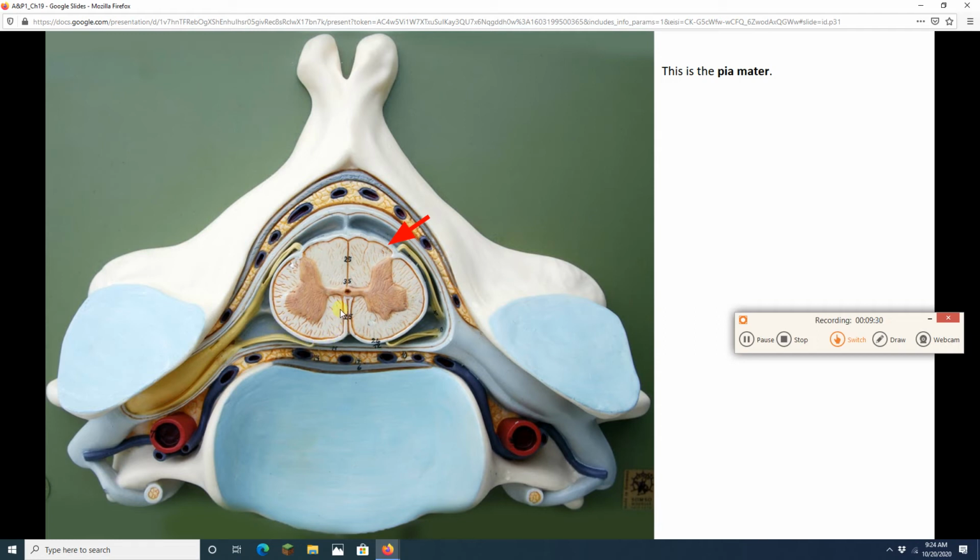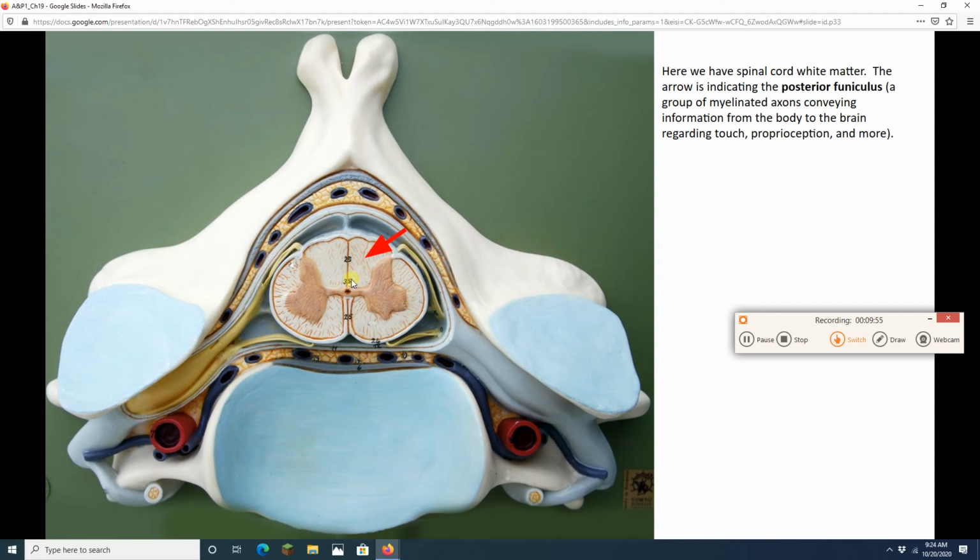Pia mater actually goes in with the fissure here and then back out. That's the anterior median fissure right there. So the pia mater follows the surface of the spinal cord. Now, while we have a fissure in the front, in the back we have a more shallow groove, which is the posterior median sulcus.